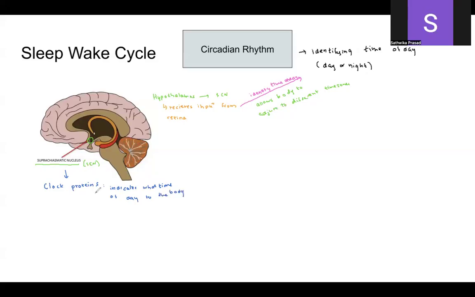And let's think about it, right? Not all cells receive direct input from the retina. So the way clock proteins work is they act as a proxy and, by a process of expression, inhibition, and degeneration, they tell you what time of day it is.